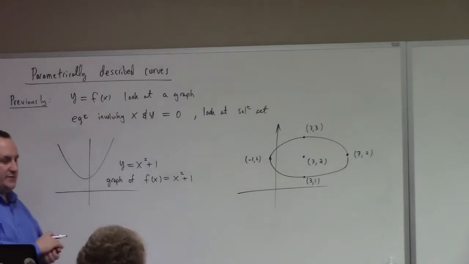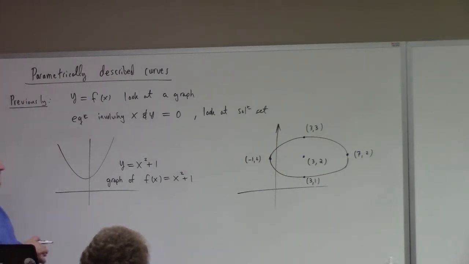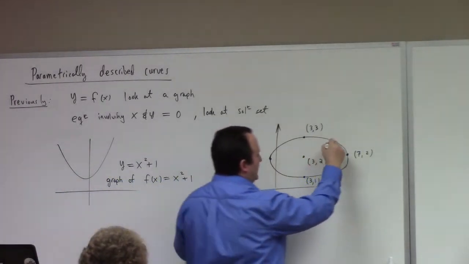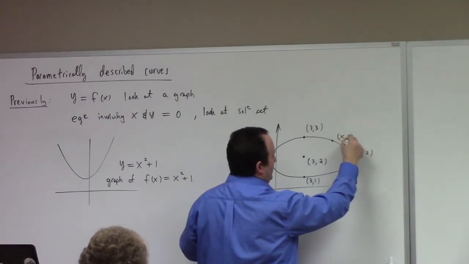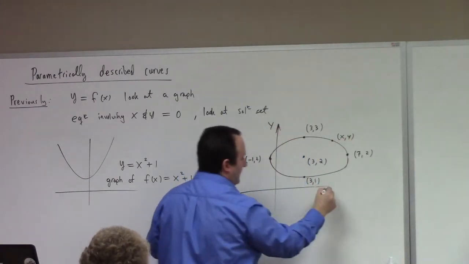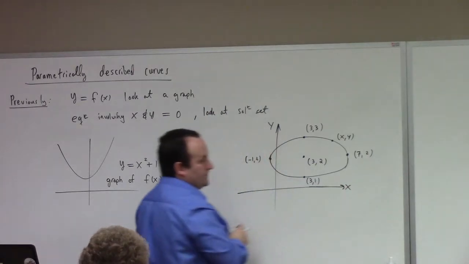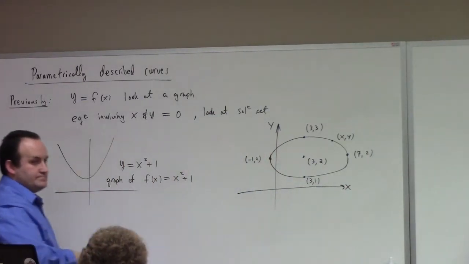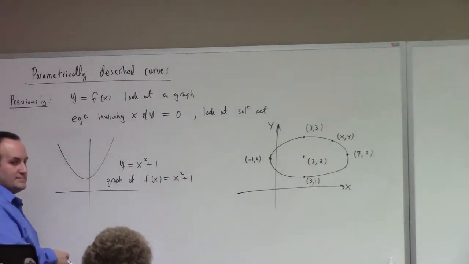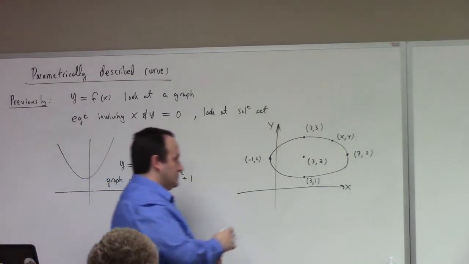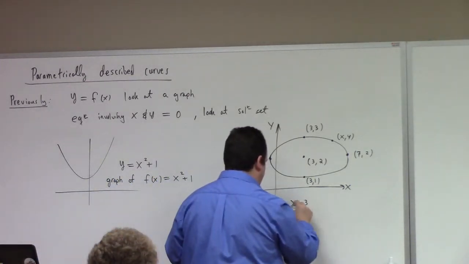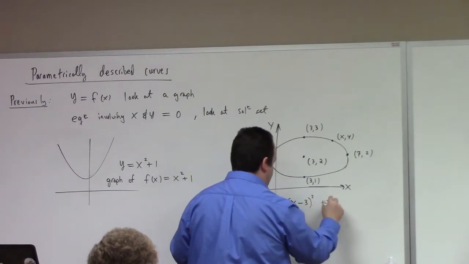So that would be an ellipse. What would the equation of that ellipse be? If I take a particular point x, y there, what's the equation that it would satisfy? x minus 3 squared over some value. He's got the right template here.